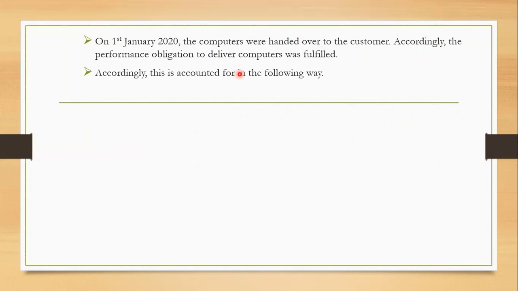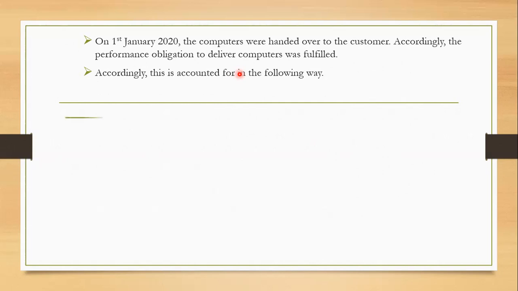You can remember, handing over 100 computers to the customer is one of our performance obligations. Once we delivered 100 computers to the customer, one of our performance obligations has been fulfilled. Therefore, we can recognize revenue associated with that performance obligation in our accounts.